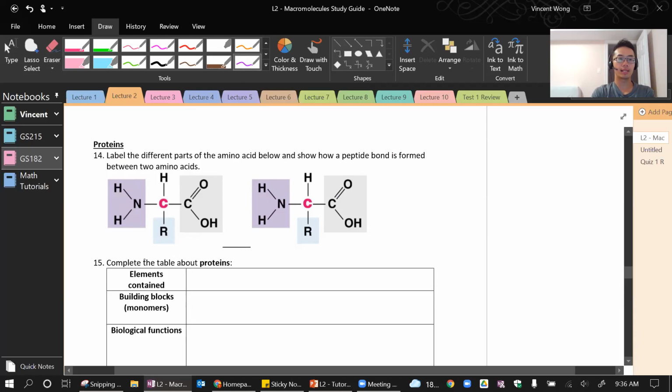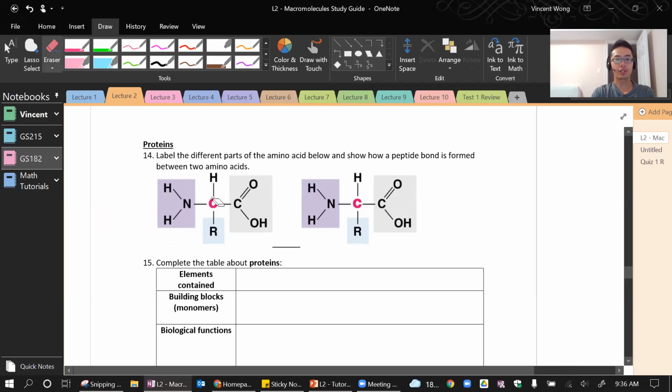There is a central carbon in the middle. They all have that. There's going to be hydrogen connected all the time. Over here, you have the NH3, called the amino group.